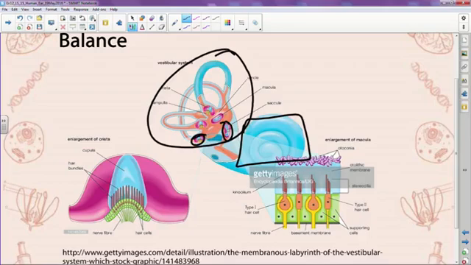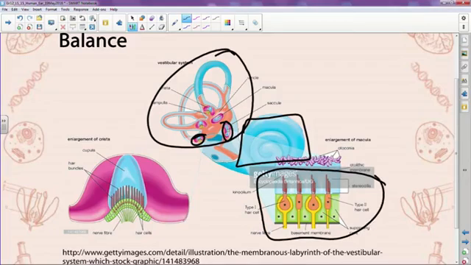Those ones pick up linear or gravity and left and right movement. They've got specialized cells, and these cells have little hairs on them, they're hair cells. And they stick up like this in the liquid. And as the liquid moves, the liquid will move them.